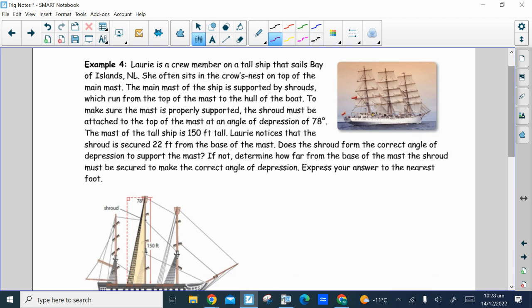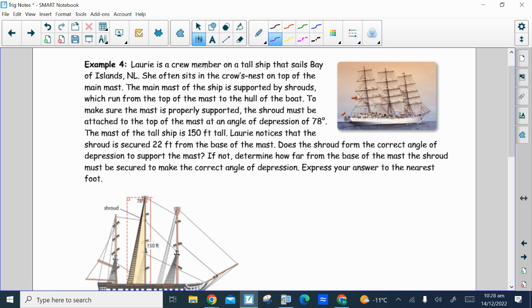On the next page, Lori is a crew member on a tall ship that sails Bay of Islands, Newfoundland. She often sits in the crow's nest on top of the main mast. So you can see it, it's right at the very top here. The main mast of the ship is supported by shrouds, which run from the top of the mast to the hull of the boat.